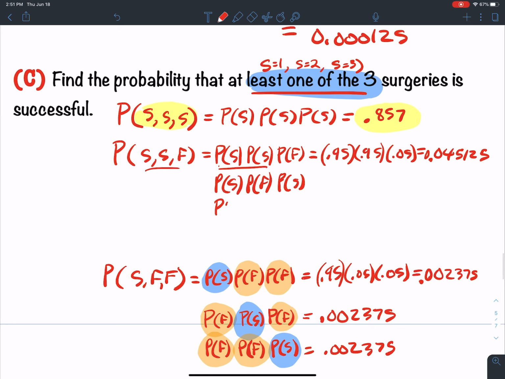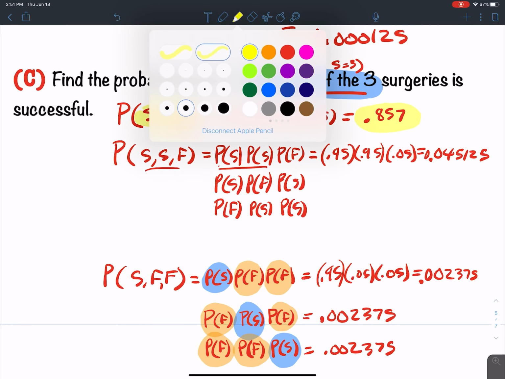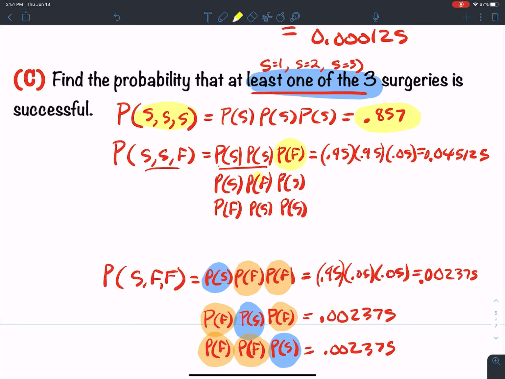But I could also have probability of failure, probability of success, and a probability of success. And I think that would be all the different scenarios there. And so that 0.045125 here, that 0.045125 here.